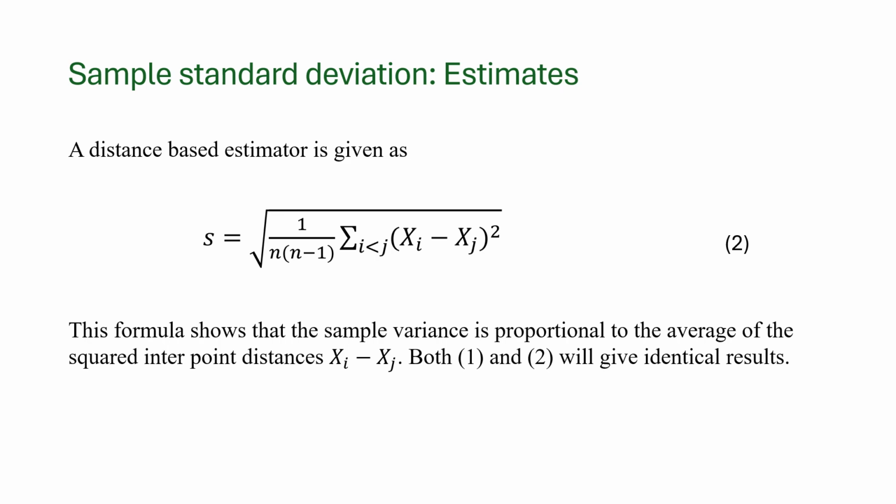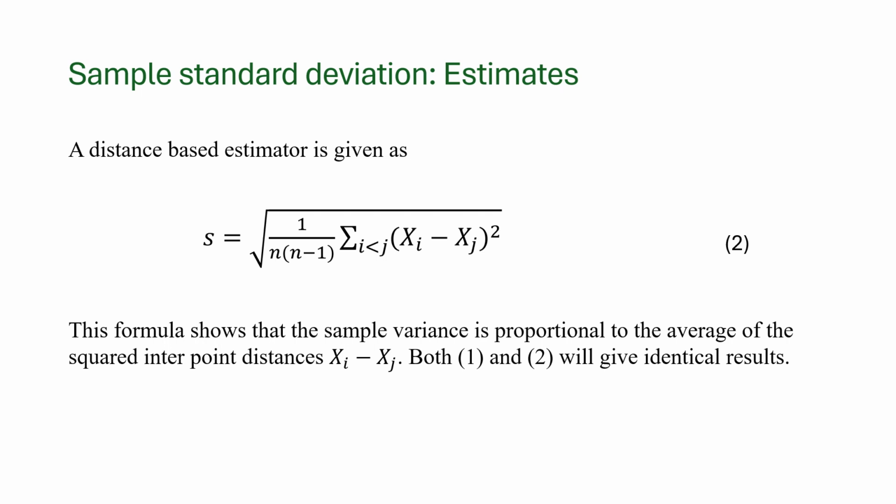Another estimator we may call the distance-based estimator, computed using formula 2. You can see that it's the square root of 1 upon n times n minus 1, summation of (xi minus xj) whole square, where the distance can be measured. This formula shows that the sample variance is proportional to the average of the squared interpoint distances xi minus xj, and that's why it's called a distance-based estimate.